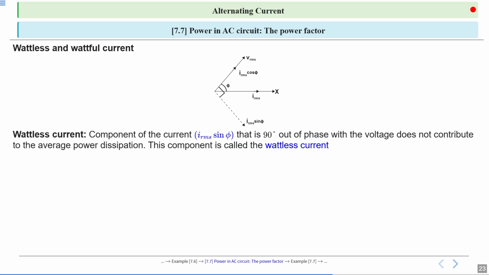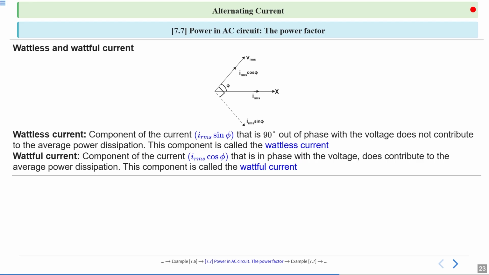So this component of current is known as wattless current. Got it? In the case of a capacitor or inductor also, the phase difference between voltage and current is pi by 2. That's why power dissipation is 0 across a capacitor and inductor, and this component is known as wattless current.